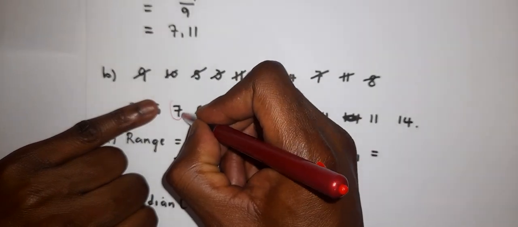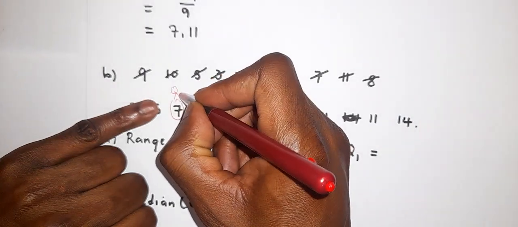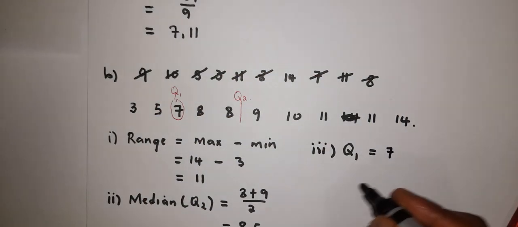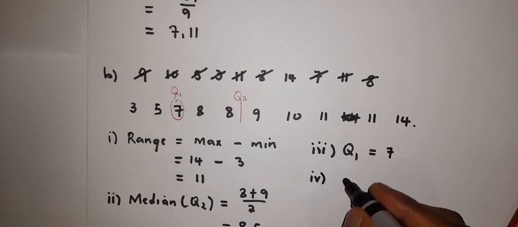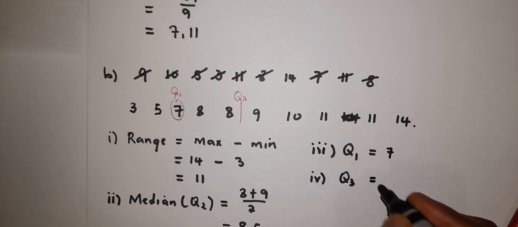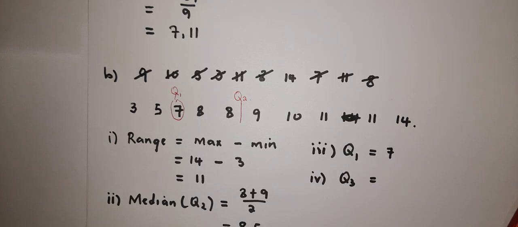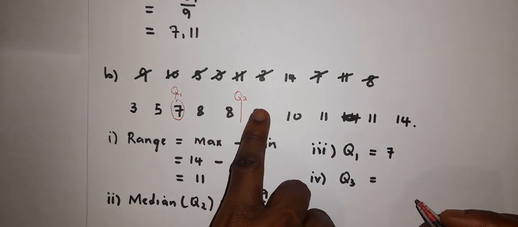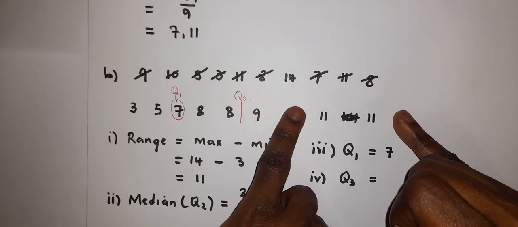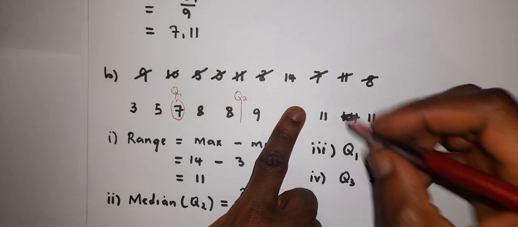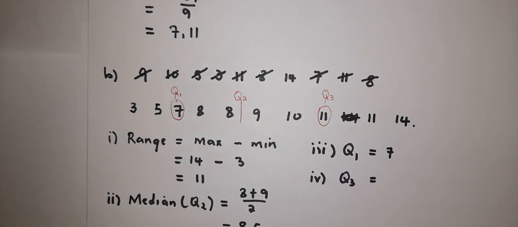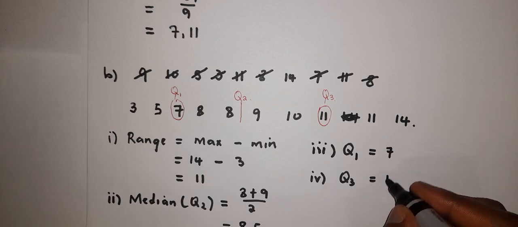So this one becomes our Q1. Therefore our Q1 is just a 7. And then the last one, our Q3, the upper half of the data. Because our Q2 is here, we start closing from this 9, this one, and this one, and then we are left with this one as our Q3. Therefore our Q3 becomes 11.